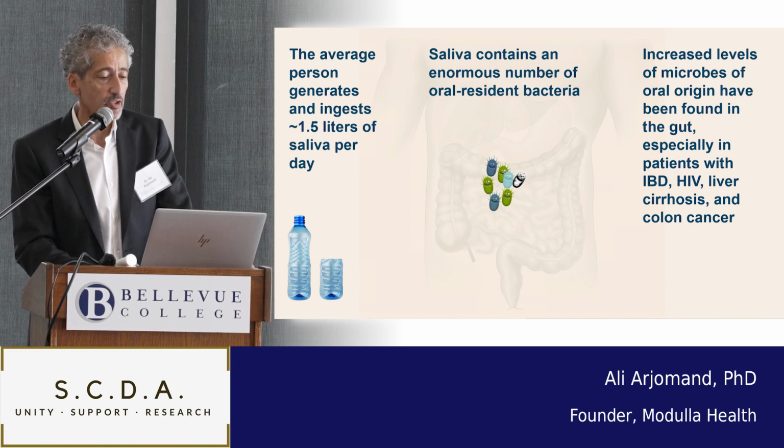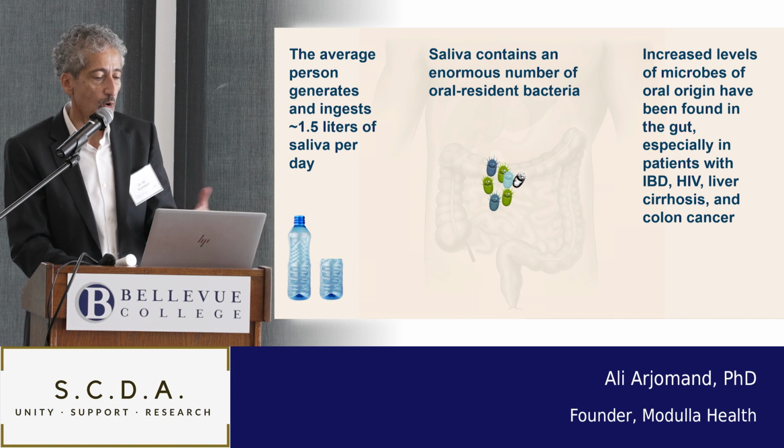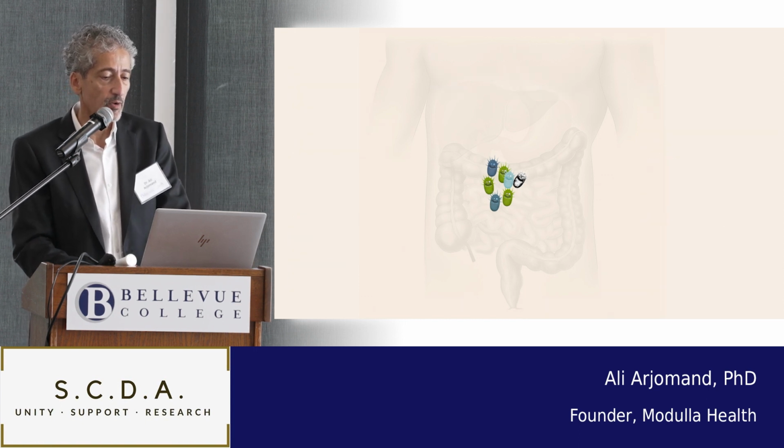In clinical research, we've actually found oral microbes in the gut of IBD patients, HIV patients, people with liver cirrhosis, colon cancer. They just keep finding these oral microbes that have persisted in the gut in these conditions, and I'll get into that a lot more.